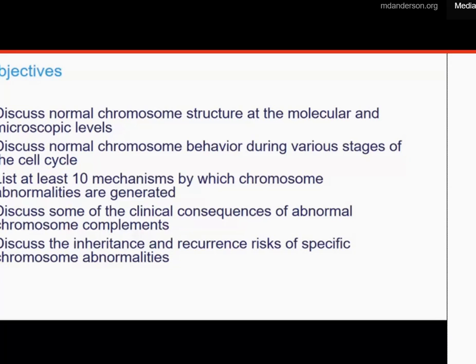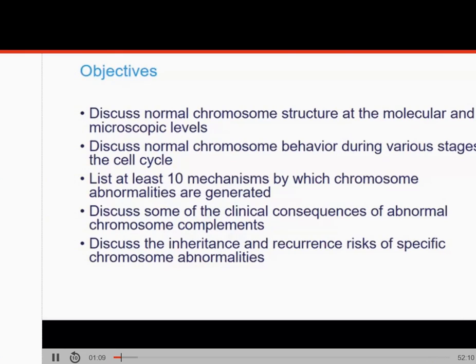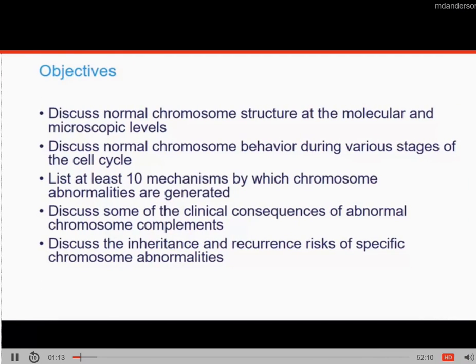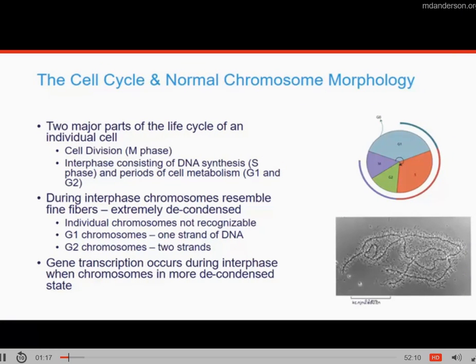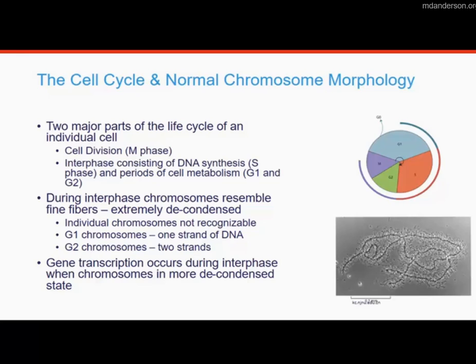Okay, so I've just listed some of the objectives of these lectures today and next week here. I wanted to talk a little bit about the cell cycle and go into what the structure of the chromosome is in interphase versus in metaphase, which, like I said, I think you've got a pretty good background, but let's just get everybody on the same page.